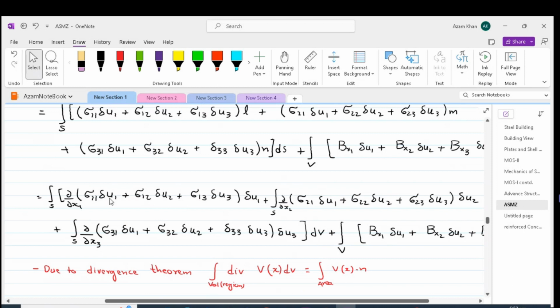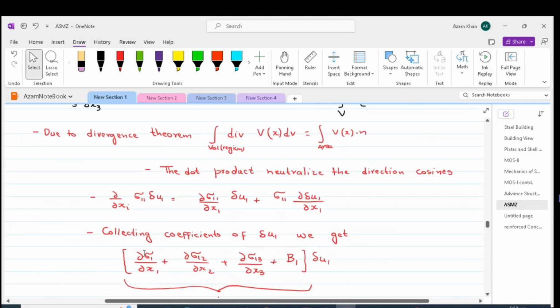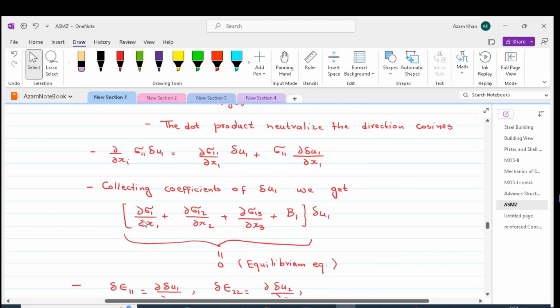So terms for delta U1 will come from the first coefficient, from the second coefficient, from the third coefficient, and from this fourth one, which is also b1 delta U1. All of them will be added together, and we would get an expression in the form partial sigma 11 by partial x1 plus partial sigma 12 by partial x2 plus partial sigma 13 by partial x3 plus b1.